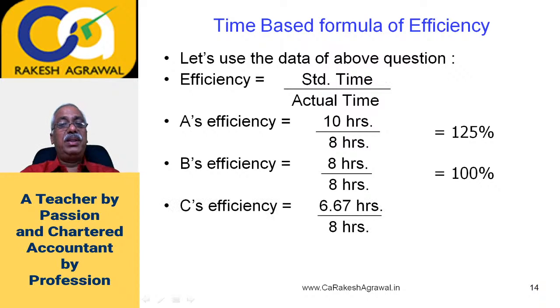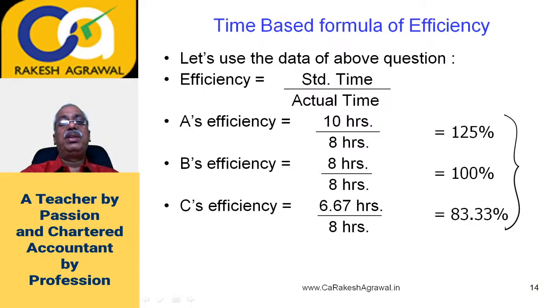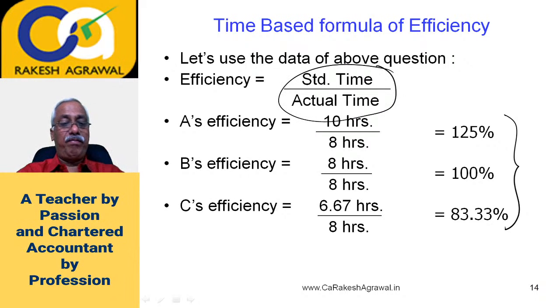So C's efficiency is 6.67 divided by 8 into 100 if you want to do it. So his efficiency is 83.33%. That is the efficiency of C. So this is the way we can do the comparative analysis of efficiency of 3 workers by converting it into percentage. And the formula is standard time upon actual time.